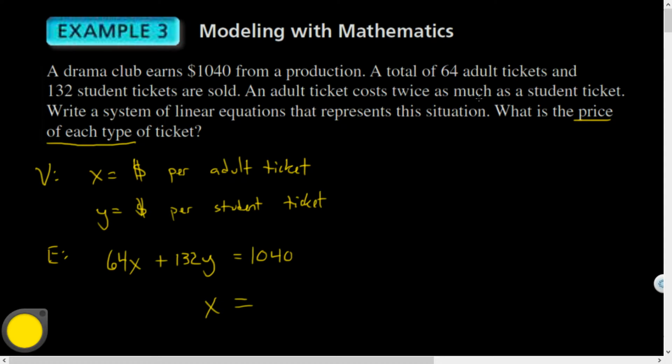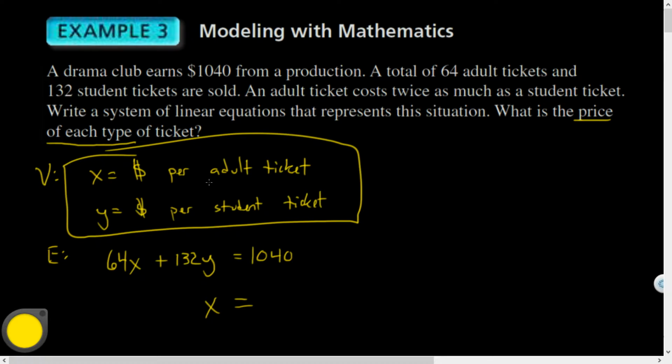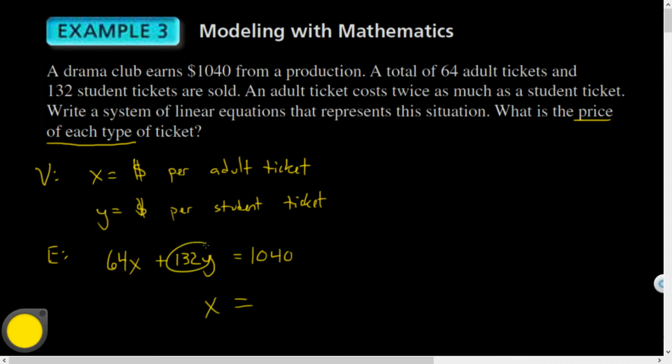It's twice as much. The 64 has to do with the number of adult tickets sold. This fact has just to do with their prices, so I'm just going to relate x and y, which represent the prices. The 64 and the 132 I already used to calculate the amount of money that came in.